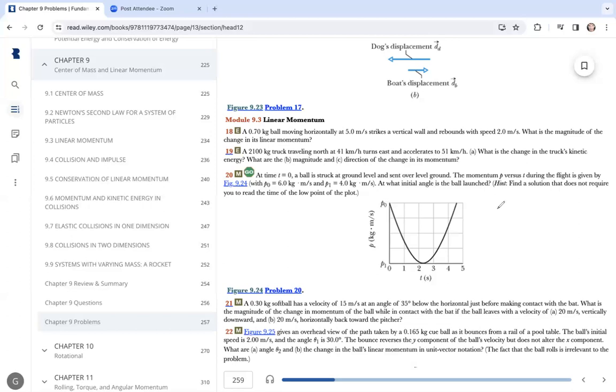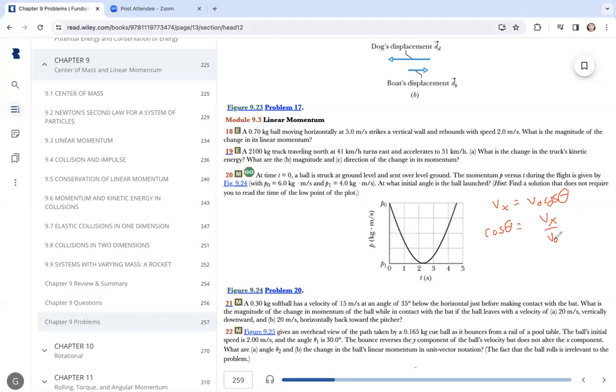Well, if you remember, Vx is V naught cosine theta, right? So cosine theta equals Vx over V naught.